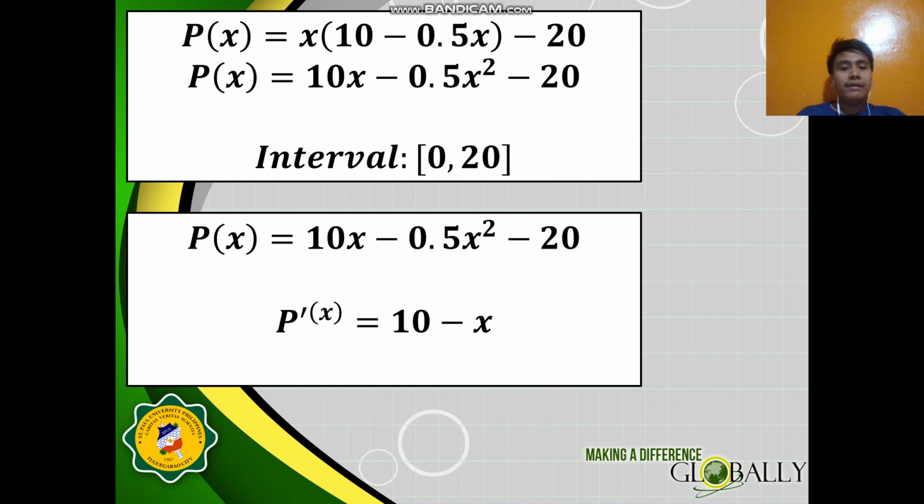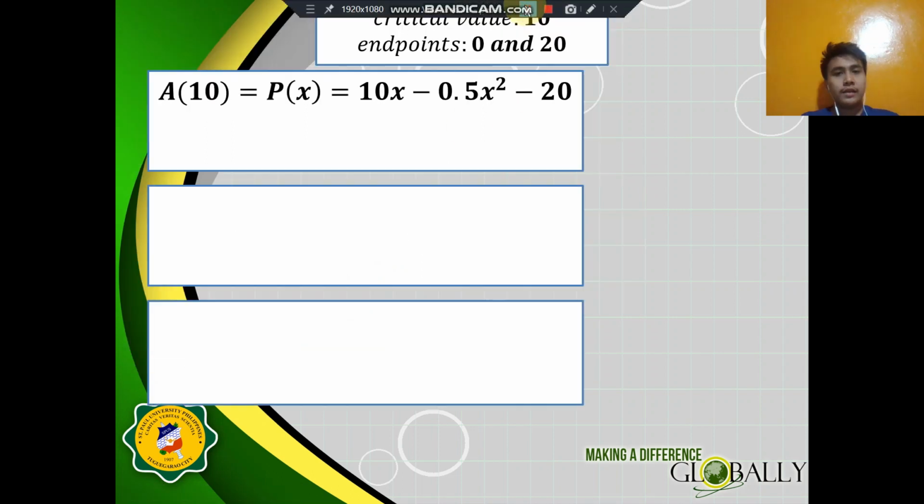So now we have P prime of x equals 10 minus x. To find the value of x, which serves as our critical value, we transpose x to the other side. So x is equal to 10. Now we know our critical value, which is 10, and our endpoints, which are 0 and 20.